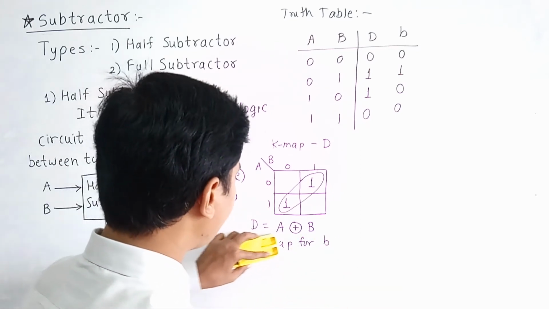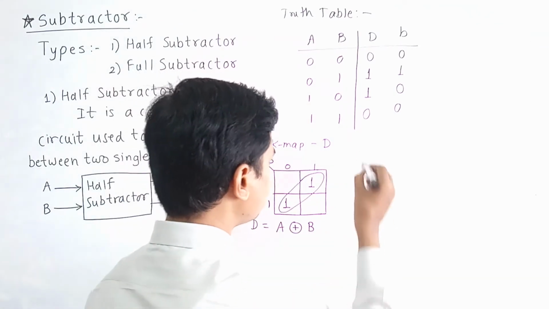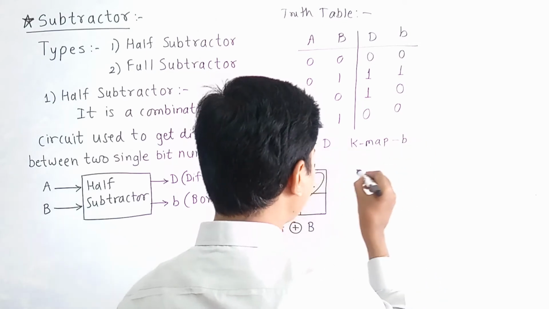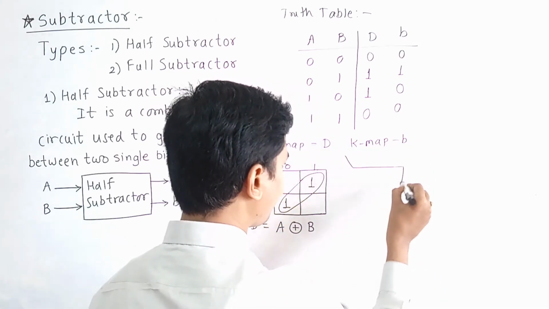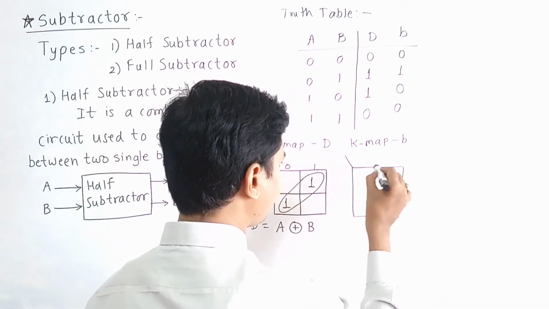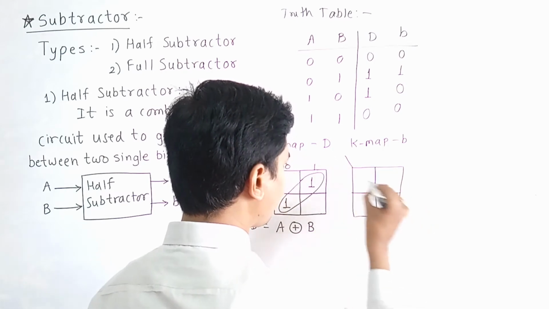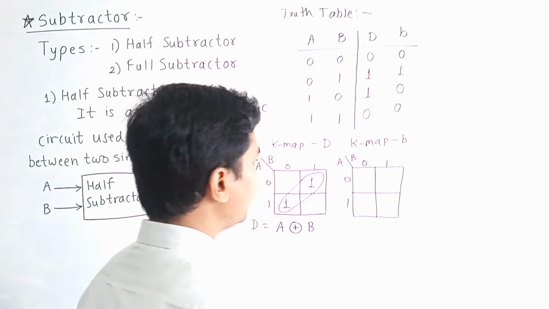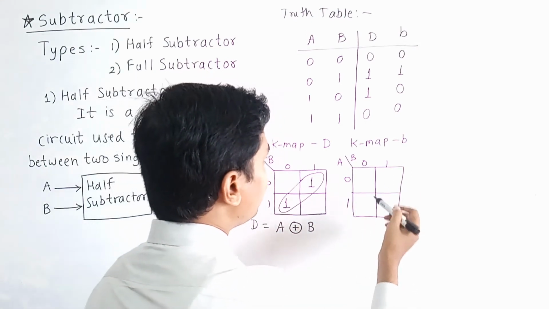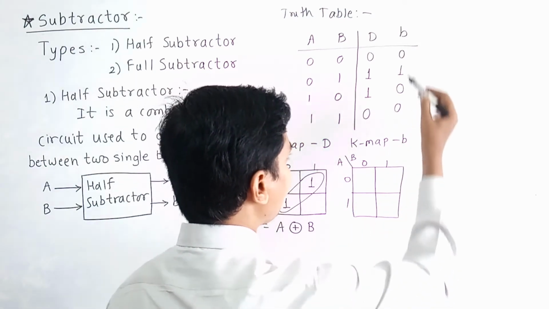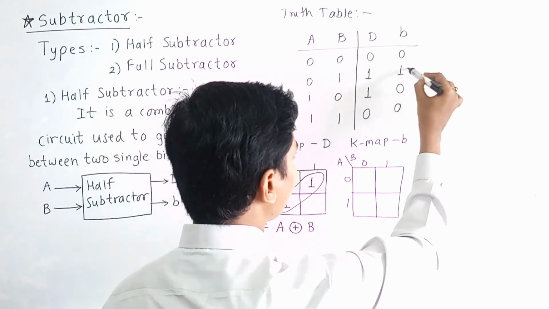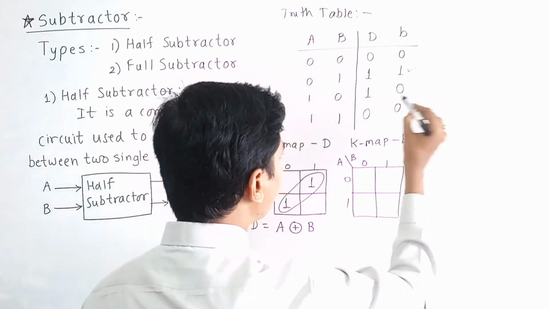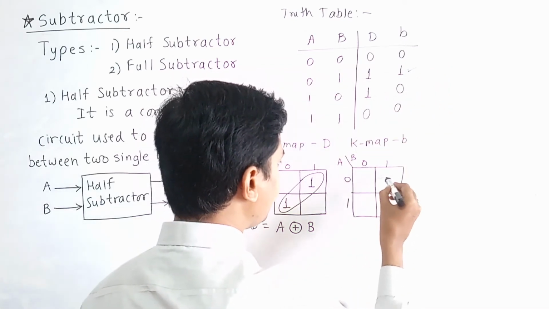I will just write this K map here, K map for B. Okay, now in this K map where B is having 1, only for this 0 1 combination B is having 1, so 0 1 means 0 1 here, okay.